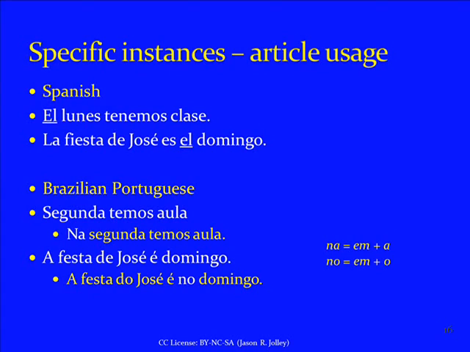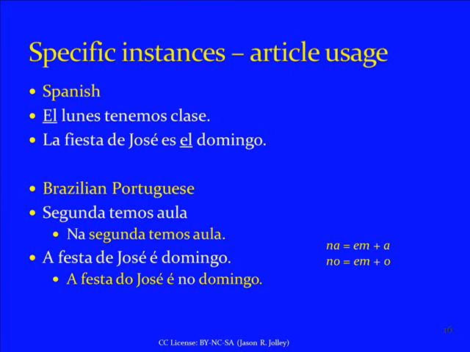Again, this is a specific instance and I'm naming the day. La fiesta de José es el domingo. So we have that definite article in Spanish, el, before the day of the week if we're talking about a specific instance. In Portuguese, this disappears.